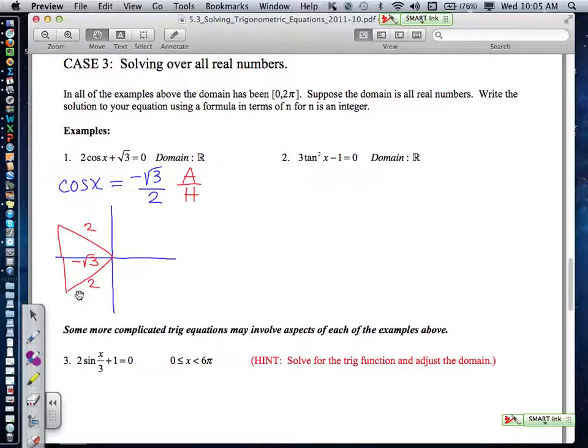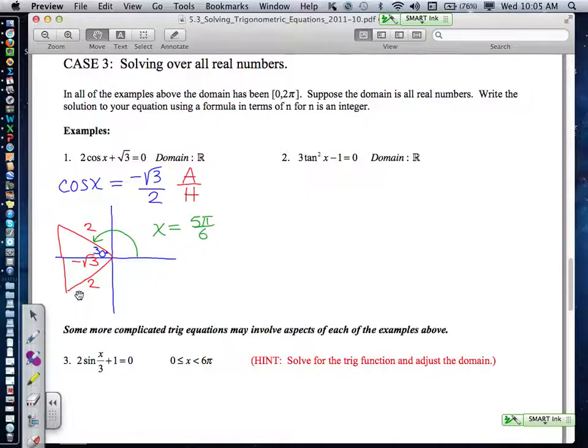I should recognize from 30, 60, 90 triangles that this is a 30-degree reference angle, or pi over 6. So when I name my two solutions, going from 0, I get x equals 5 pi over 6.